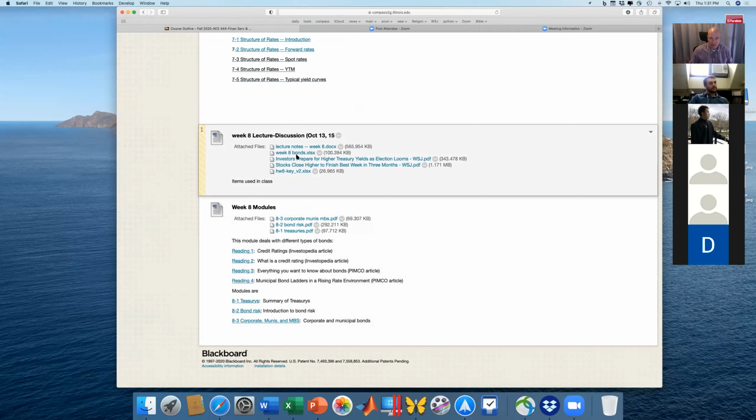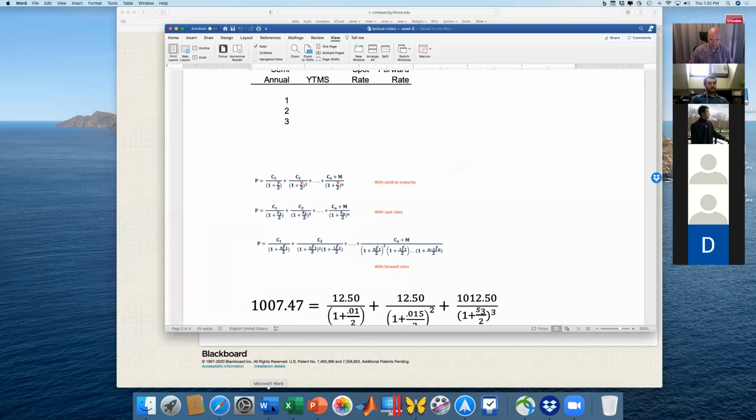Week 8 Bonds XLS, we'll be referring to, and the homework 6 key we'll be talking about as we move through this as well. If you haven't done so already, download those materials and have those on your computer.